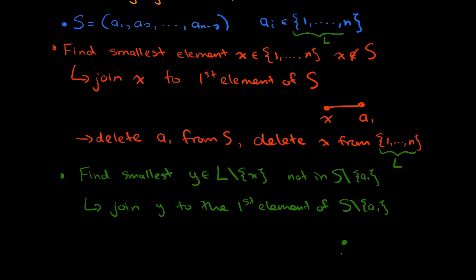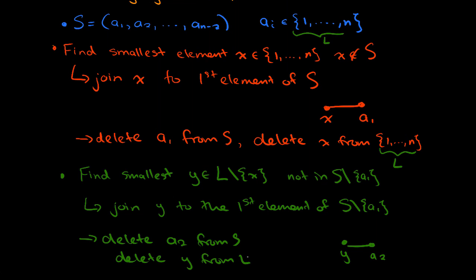So you're going to be joining y up to A2. And then again, we delete our A2 from S, and we also delete our y from L.